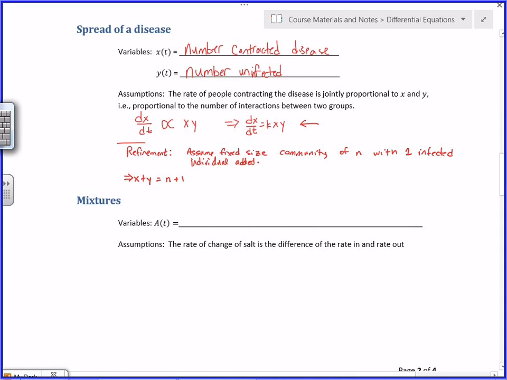And now that creates a dependency of either x or y on the other variable. So what we can do to reduce this down to a system of just one dependent variable is to solve that, right? So y will always be then n plus 1 minus x.